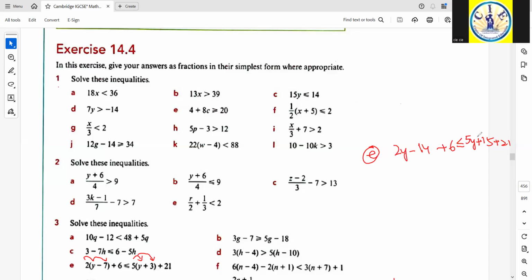Now shifting this 5y to the left side, 2y negative 5y, and this will give me negative 8, negative 14 plus 6, and then less than or equal to 15 plus 21. Let me solve it. 36. Now solving 2y and negative 5y, that is negative 3y, less than or equal to 36 plus 8, 44.